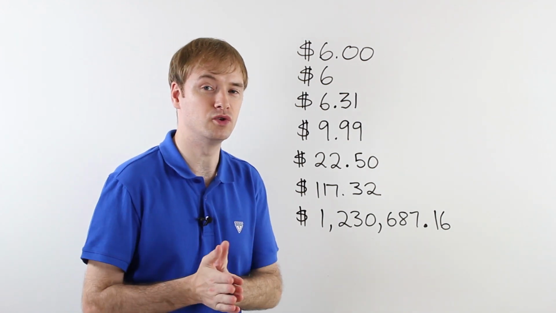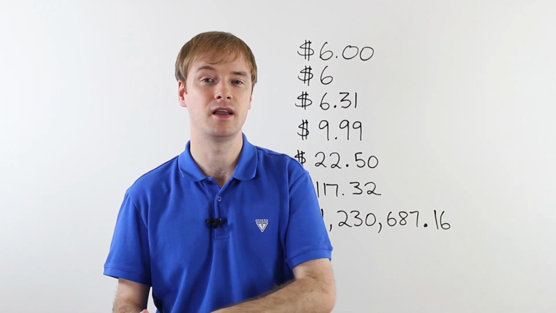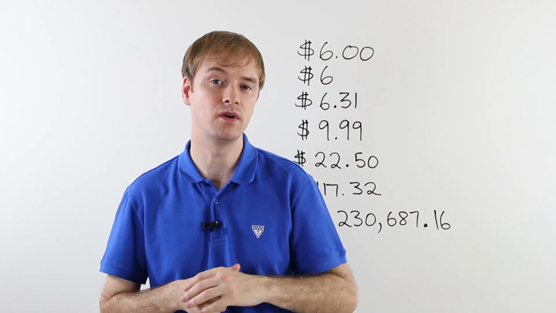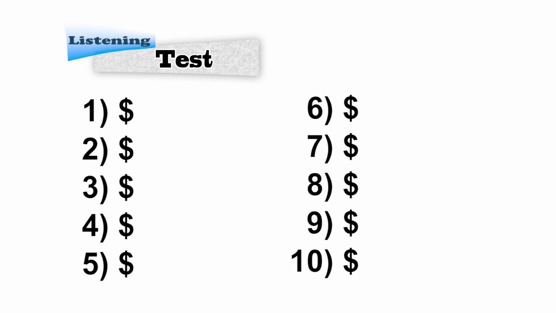Let's see how you will do on the test. Okay, so we're gonna try a quick test. Take out a pen and paper, and I'm gonna say American money, and you should write down what you hear. All right, question number 1, $7. Okay, it should look like this. Question 2, $120.